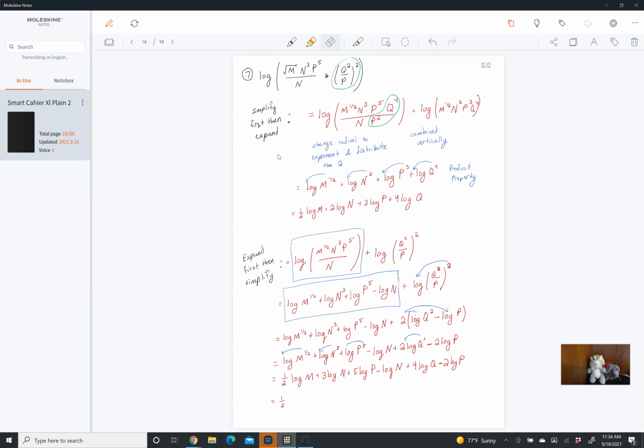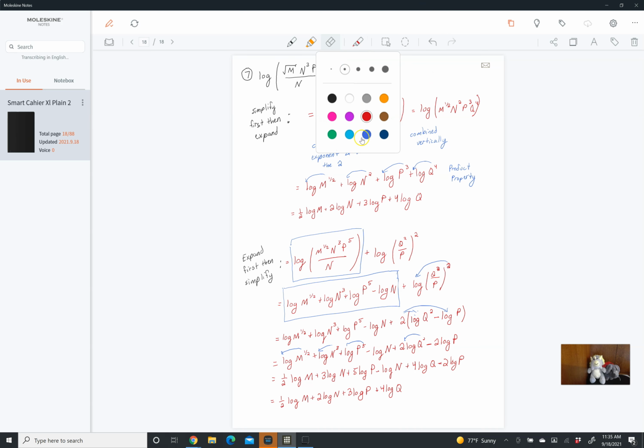So we get 1/2 log m. Then plus 3 minus 1 is plus 2 log n. Plus 5 minus 2 is plus 3 log p. And then plus 4 log q. So we just combined like terms. We combine the 3 log n and the negative log n, and we combine the 5 log p and the -2 log p.